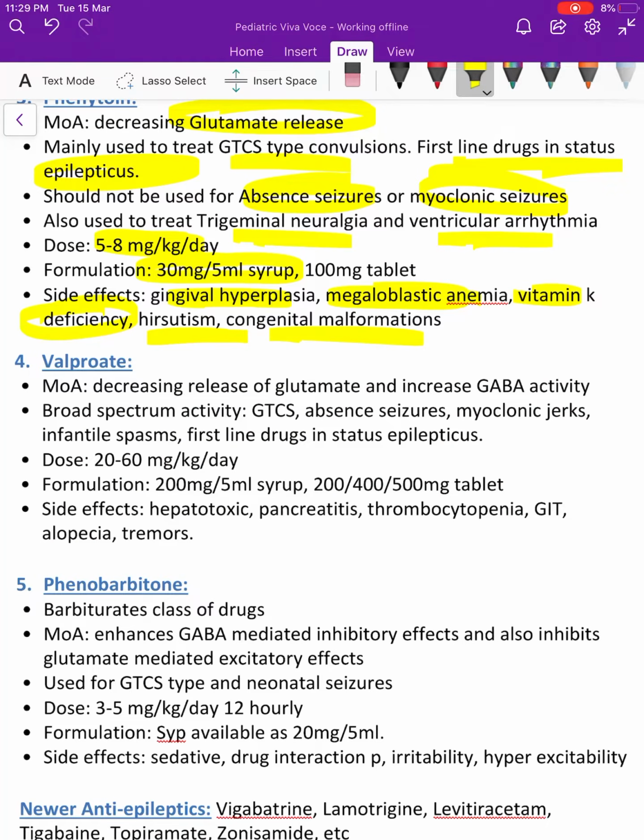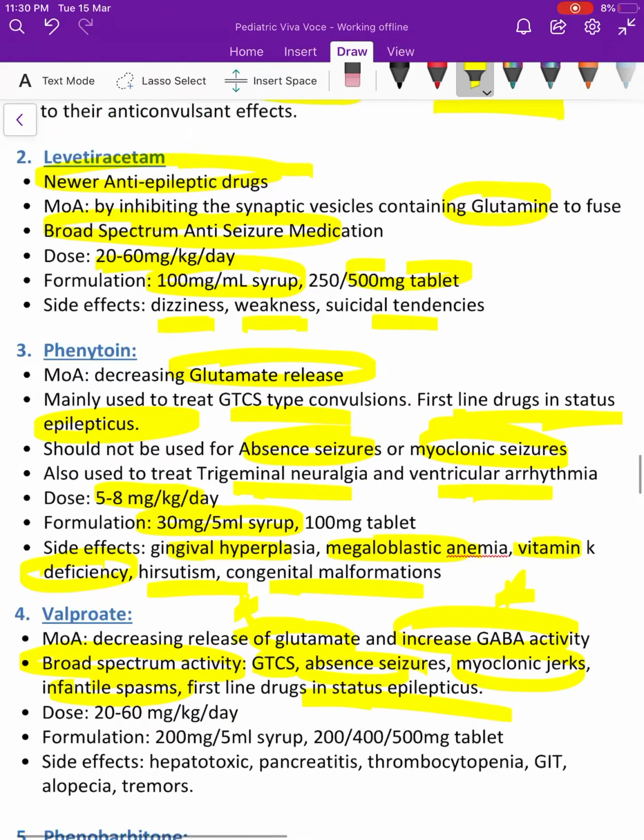Next, coming to valproate. The mechanism of action of valproate is by decreasing the release of glutamate and increasing GABA activity. Since it acts on both, it has a very broad spectrum activity. So it can be used for GTCS, absence seizures, myoclonic jerks, and infantile spasms, and it is one of the first line drugs in case of status epilepticus.